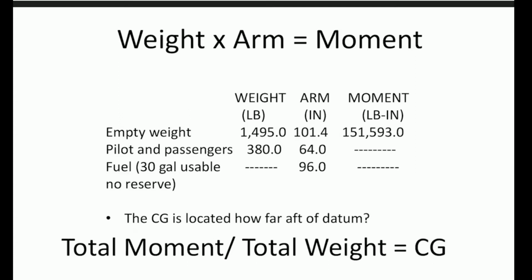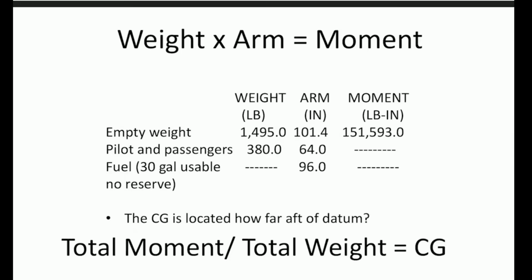Basic weight and balance question. You got the weight times the arm equals the moment. And then your total moment over your total weight equals your CG. The question is, the CG is located how far aft of the datum? Well, let's take a look.